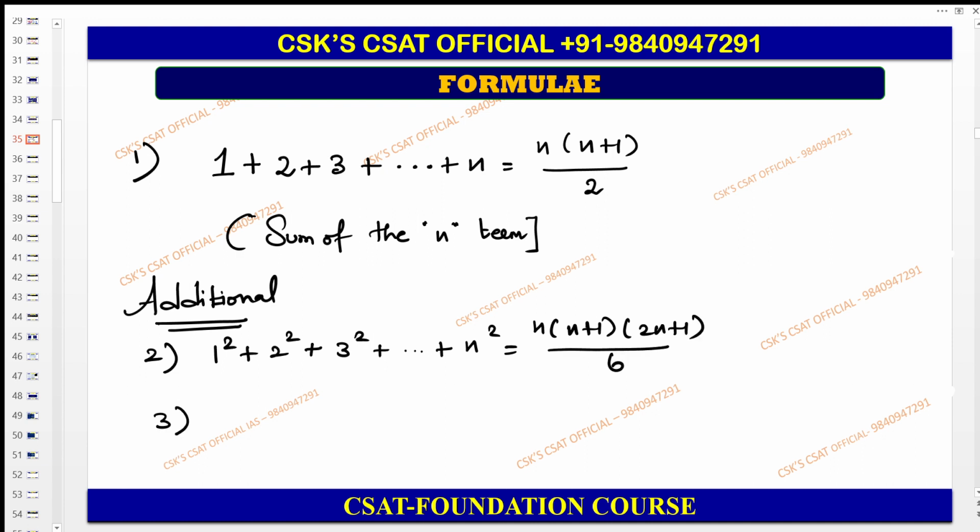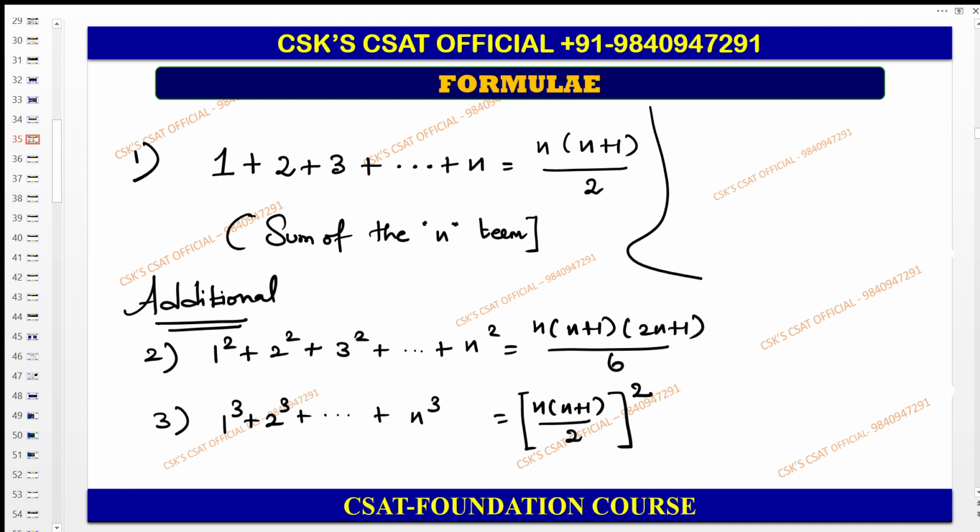Then 1 cube plus 2 cube plus etc plus n cube, which is same as the first one, but here only a simple modification is required: n into n plus 1, the whole square. So these three are very important. The first one is very important. Then I'm giving you one more additional one. If you want you can take this.